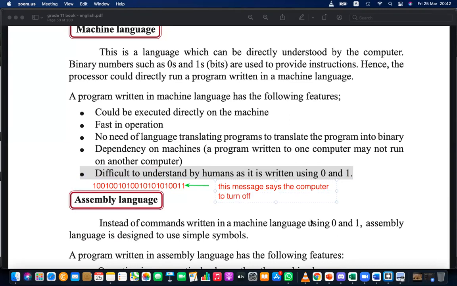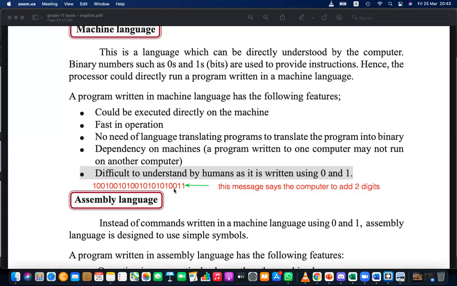How come? Can we understand this? No. Or this message tells the computer to add 2 digits. How come? How can we understand? We can only see it as 1s and 0s.